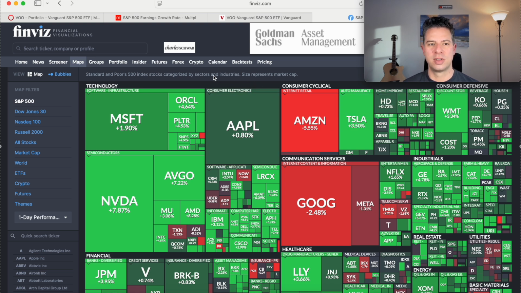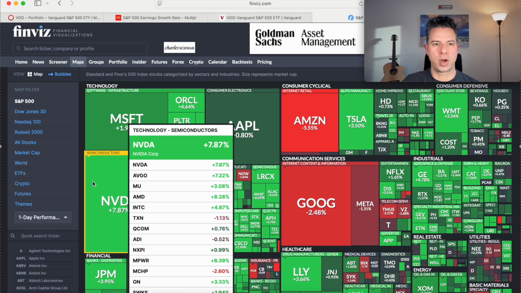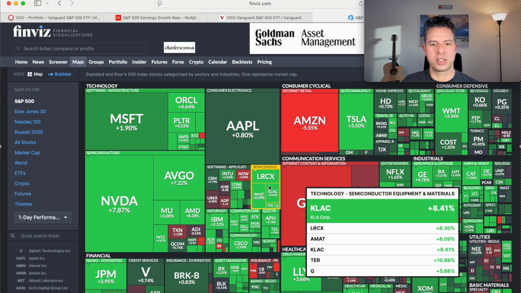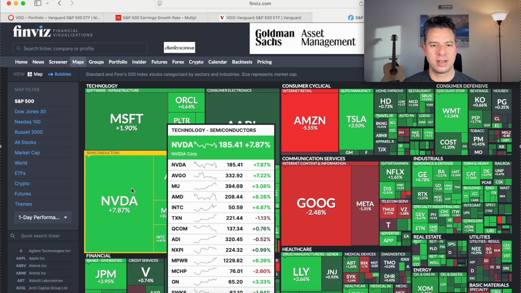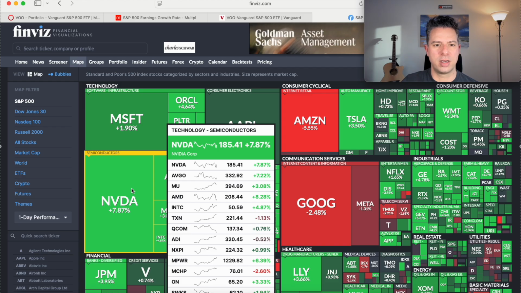The size of the squares indicates how large the company is in market cap. Over here you have this large square that is all of the technology sector, and you can see right now Nvidia is the largest percentage of that. Had a great day on Friday.